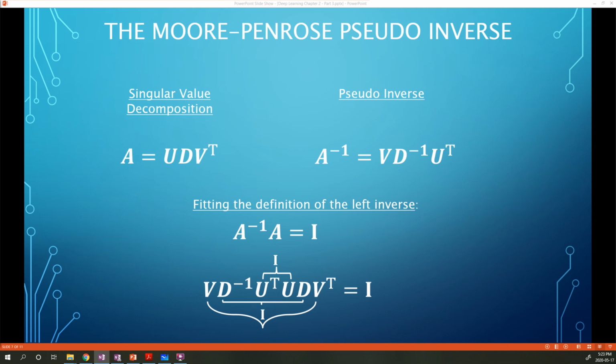And our U matrix was also orthogonal, and so its inverse is its transpose, so we take the transpose of U. And we put it in this particular order, which is reversed from its original order, so that when we put it up against the original, all these multiplied terms yield the identity matrices, and we end up with basically the definition of the inverse, that it's multiplied by that item on the left and it yields the identity matrix. So that's why it's sequenced the way that it is.